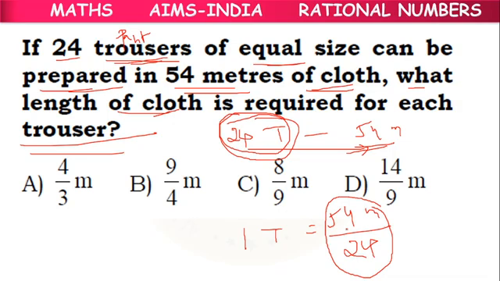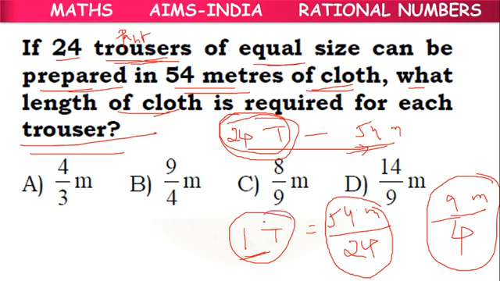Let's do it with 6, children. 6 9s are 54, 6 4s are 24. So 9 by 4 meter. So the cloth required for each trouser is equal to 9 by 4 meter. So B option is the correct answer.